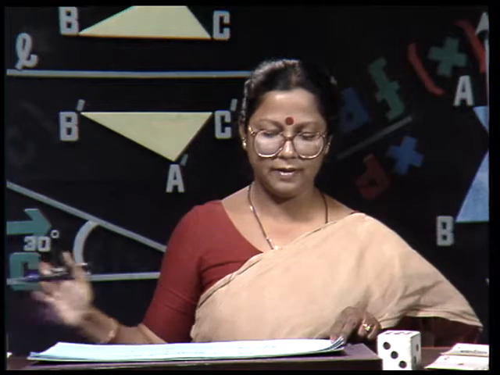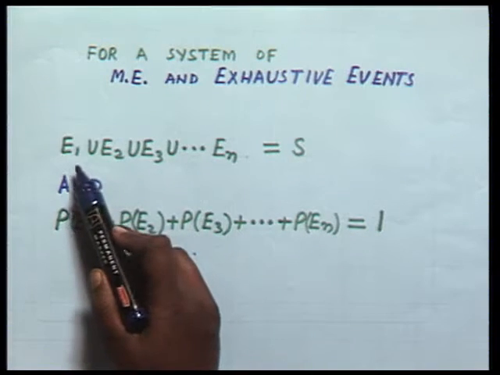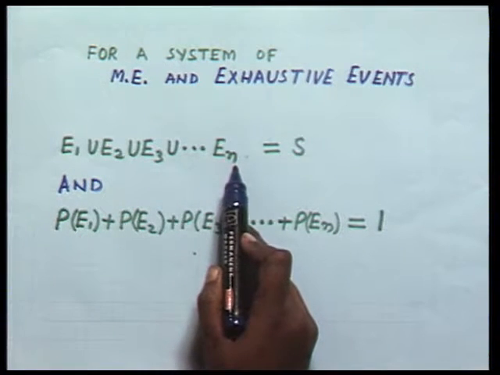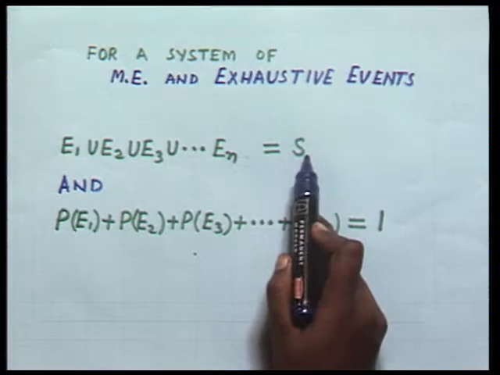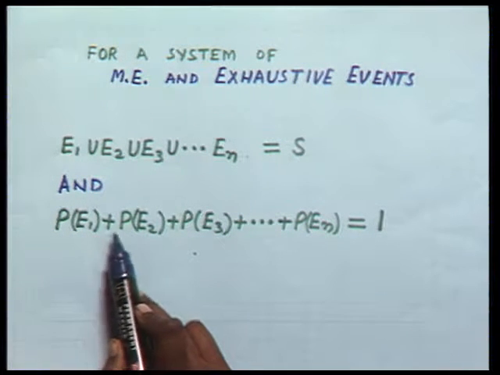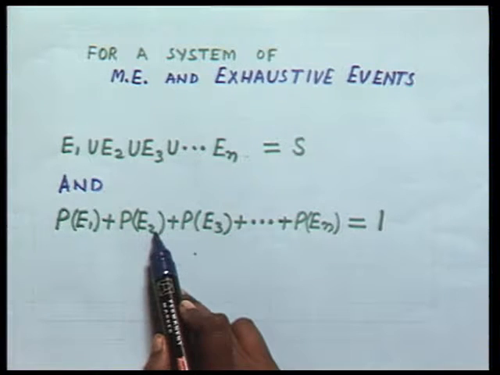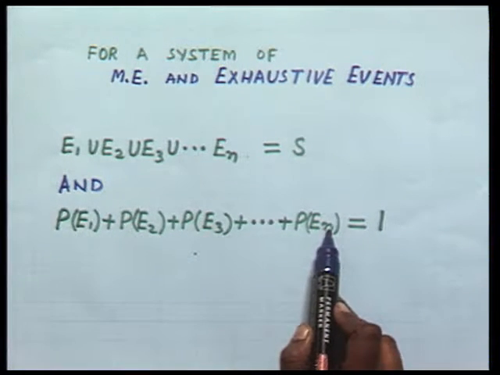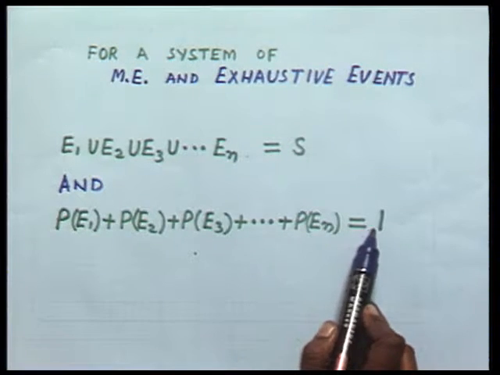In general, if E1, E2, E3, up to En are a set of mutually exclusive and exhaustive events, then we have E1 union E2 union E3 union En is equal to the sample space and probability of E1 plus probability of E2 plus probability of E3, up to probability of En is equal to 1.